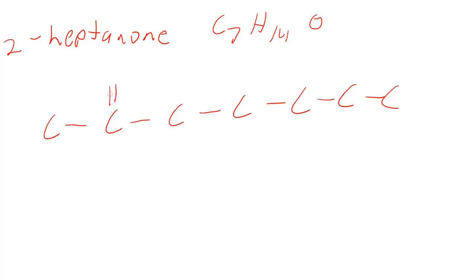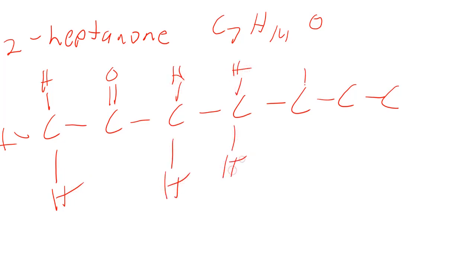And then the 2 tells us that the double bonded oxygen comes off of the second carbon. And we're just going to fill in our hydrogens here. So once again, I'm going to have you go through and add up the molar mass of C7H14O. And then you're also going to tell me the intermolecular forces that would be present.